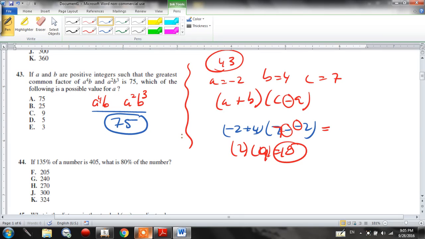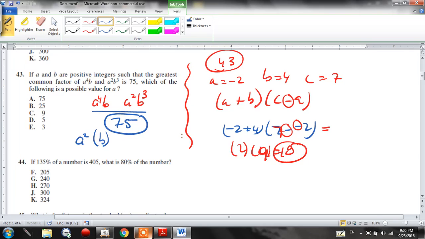Which of the following is a possible value for A? So what's a common factor between them is A squared times B. So A has to be, A could be 5, right? Okay. Which of the following is a possible value for A?